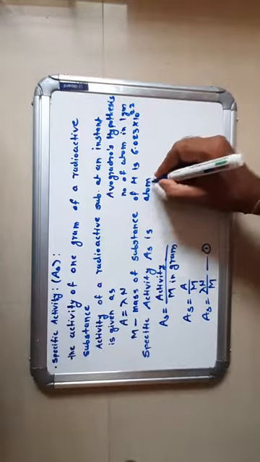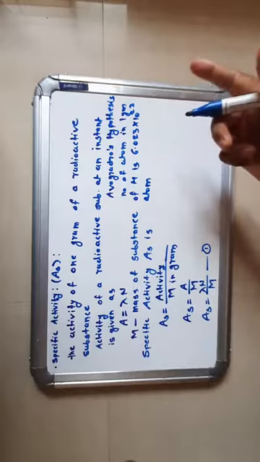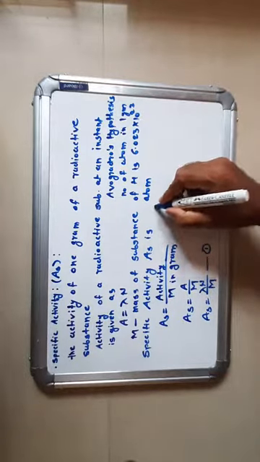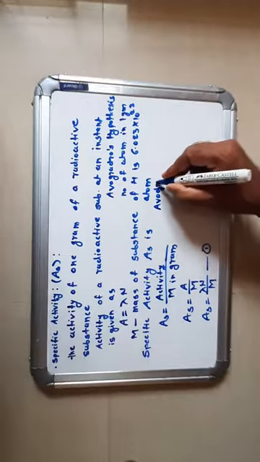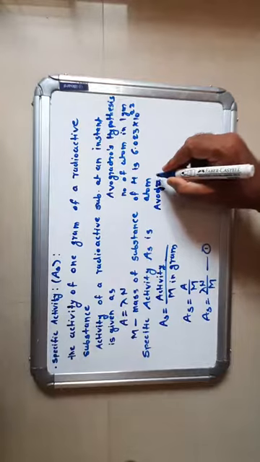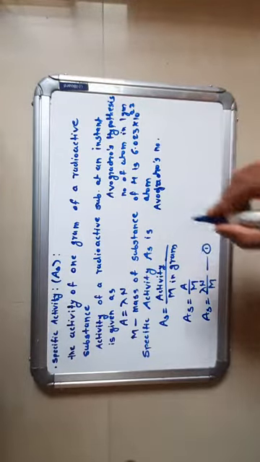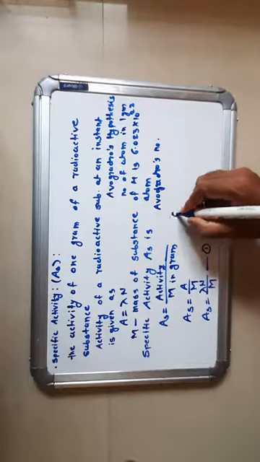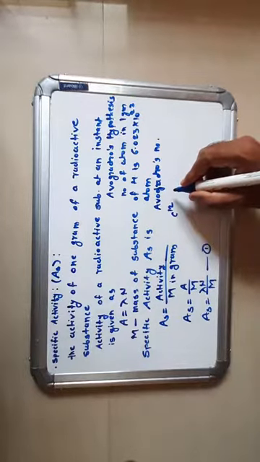That means 1 gram of hydrogen contains 6.023 into 10 raised to 23 atoms. This number is called Avogadro's number. What is this number called? Avogadro's number, right?